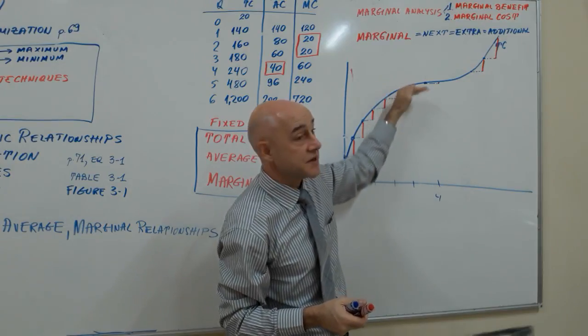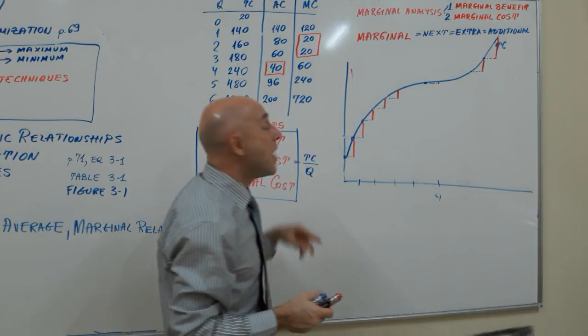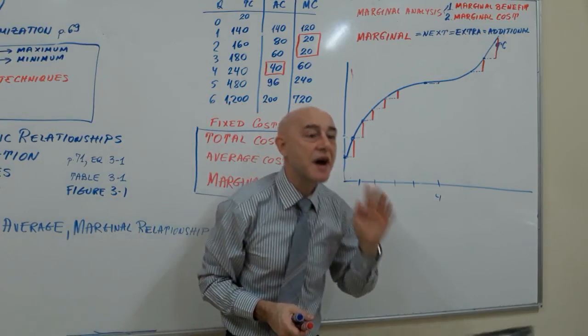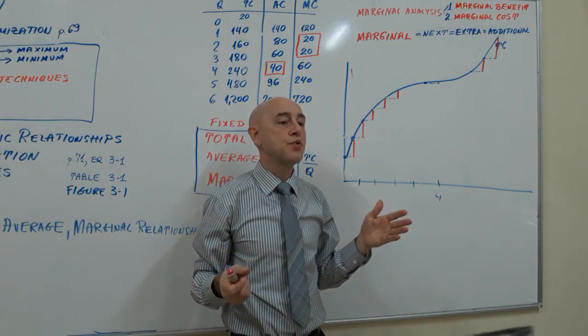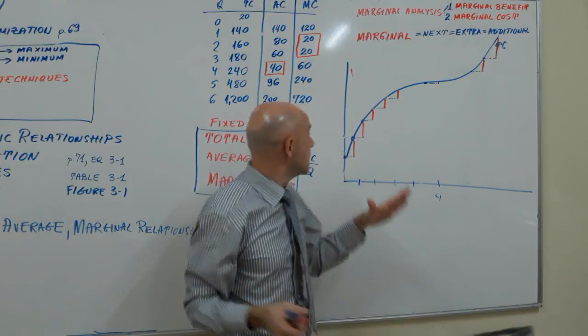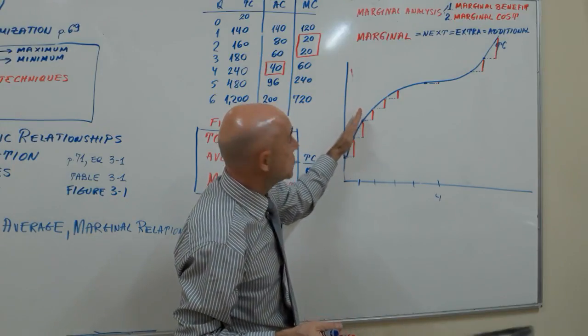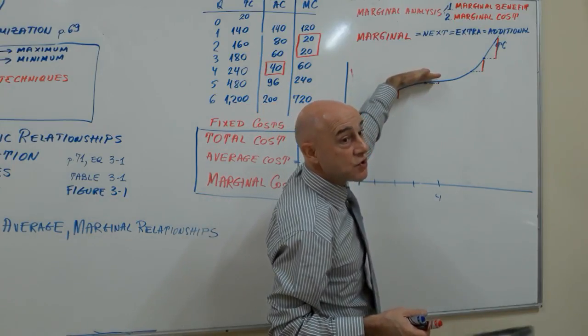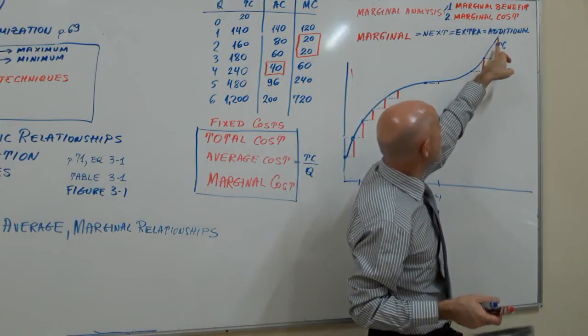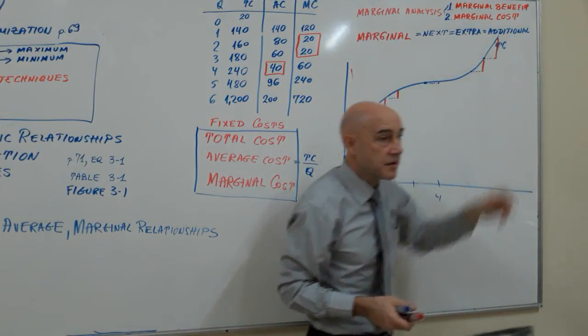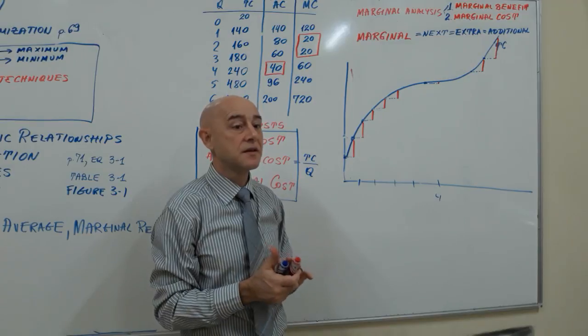You can see, marginal cost is determined by the slope of the curve. So high slope, high marginal cost; this is almost flat, very low. Okay, is that fair and clear?